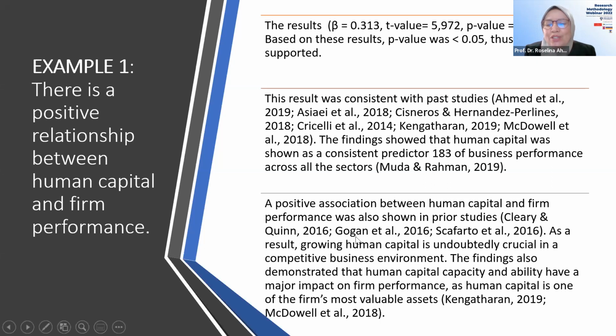But over here, you see, she did not discuss in detail what the positive association means, which she leaves for chapter 5. So the difference here is just presenting the data, a positive association that is also consistent with some references, and a little narrative saying that growing human capital is a very crucial issue, but she did not deliberate it in depth, which she will do in chapter 5.